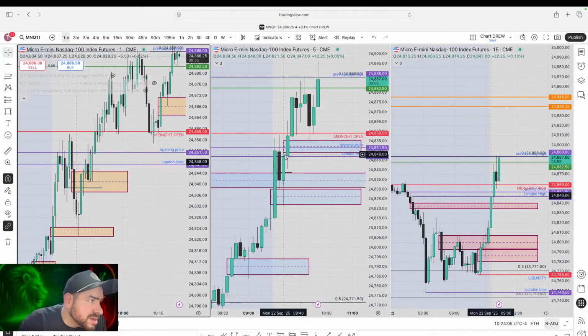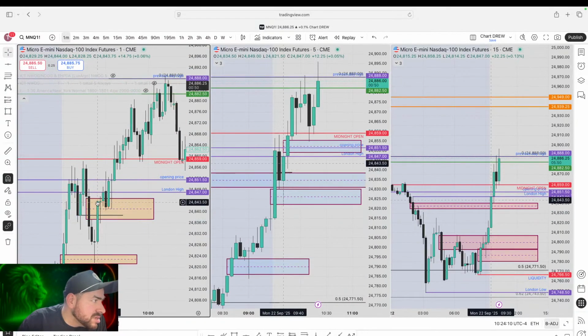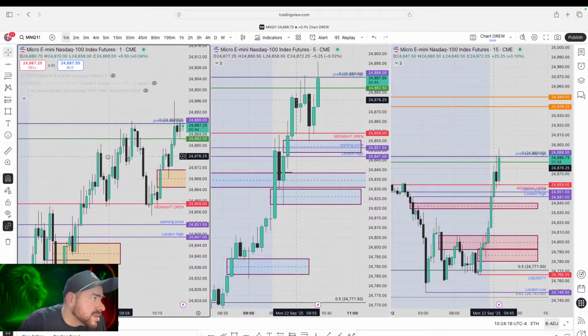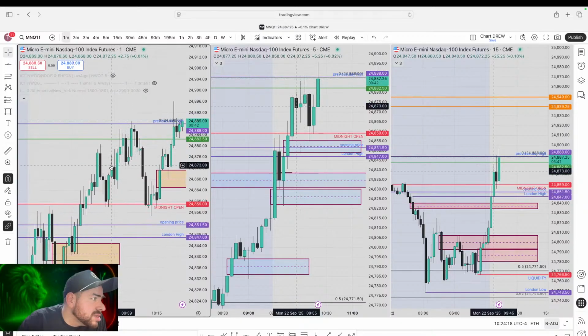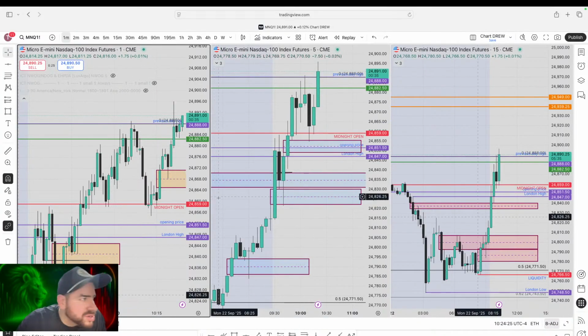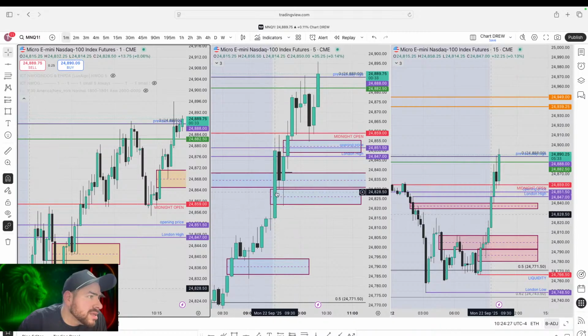We come here, we take the long. In this case, what do we have as a long? We had an inversion right here. We came in there, we took the long until here, which was a liquidity level. That's where we took it.